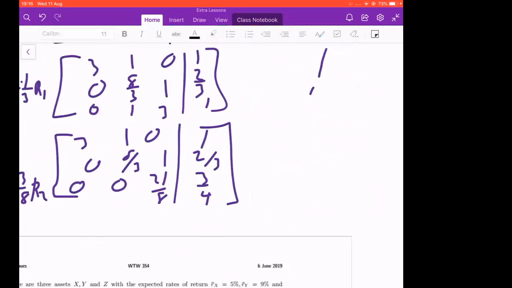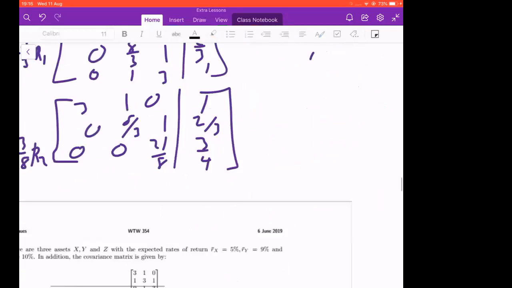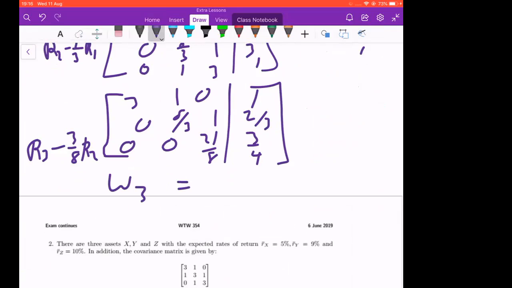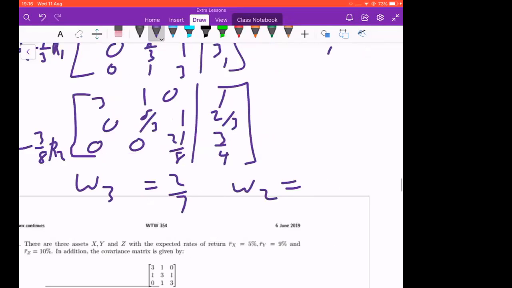So this means that, wait, sorry. Weight 2 is 2 over 7. Weight for 2 is 2 over 7.